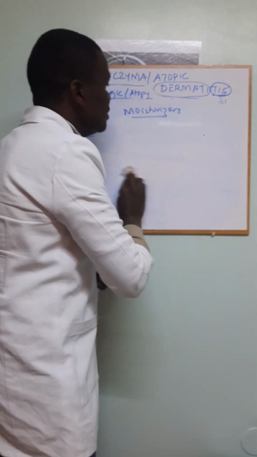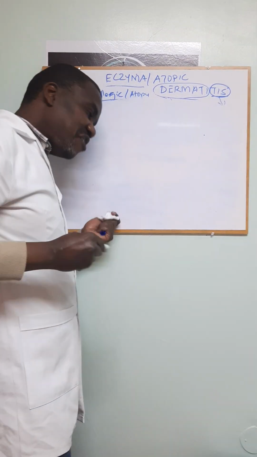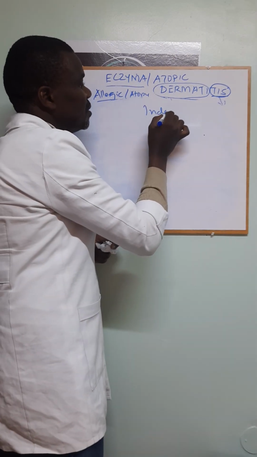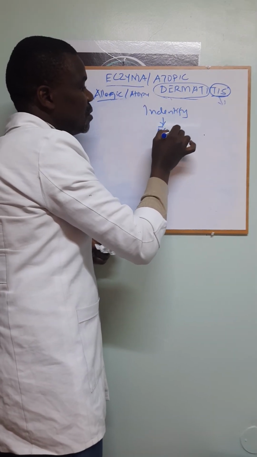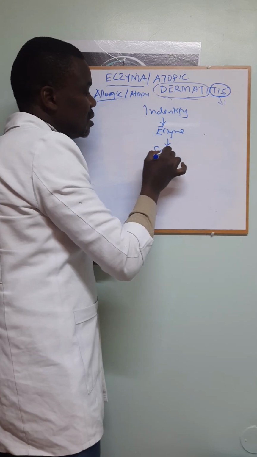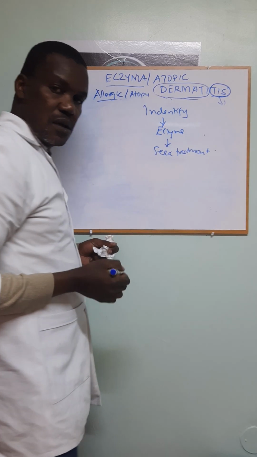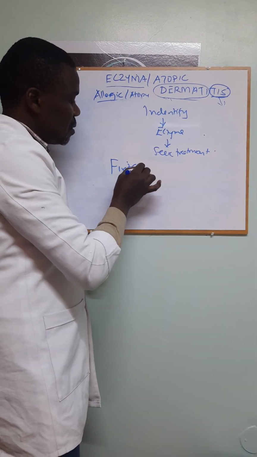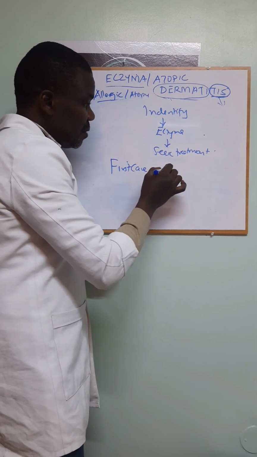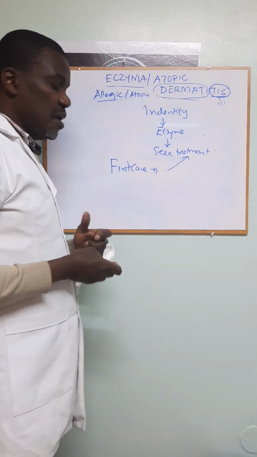So what are we saying? We are saying here that the first thing that you need to do is to identify that this is eczema that you are dealing with, and then seek treatment. Okay? At first care, offer treatment for eczema, and we've treated it successfully.